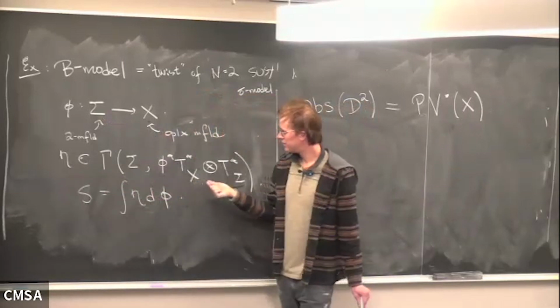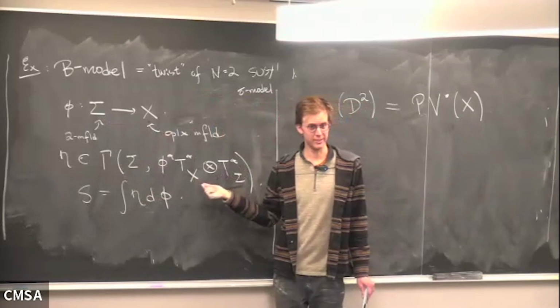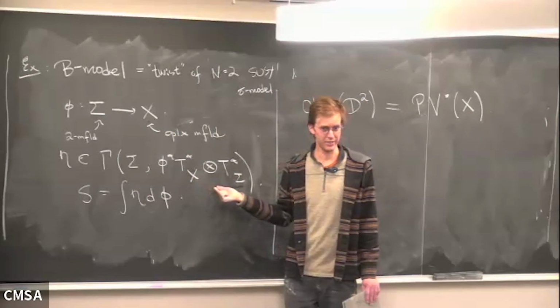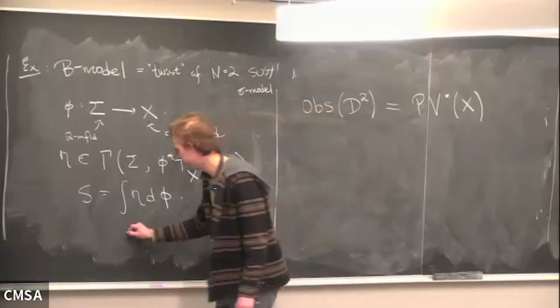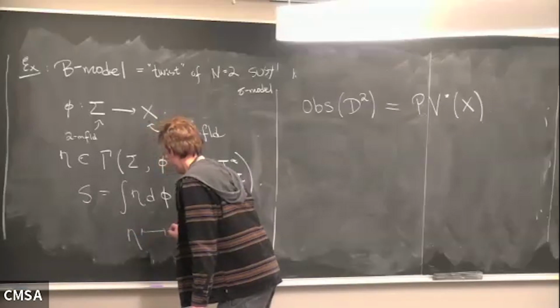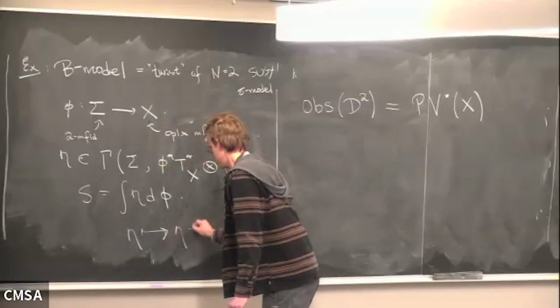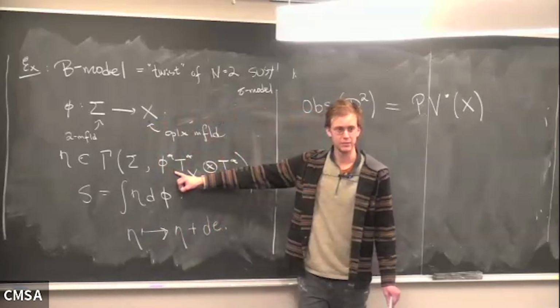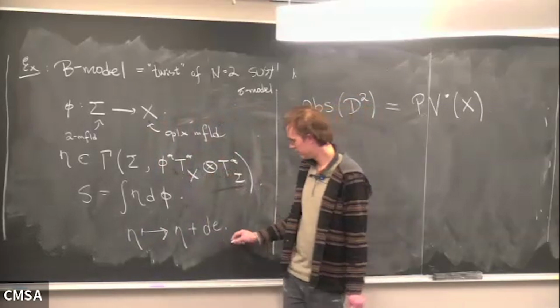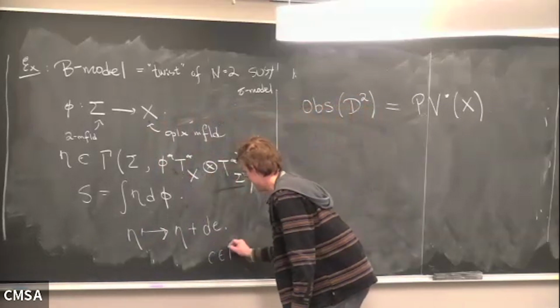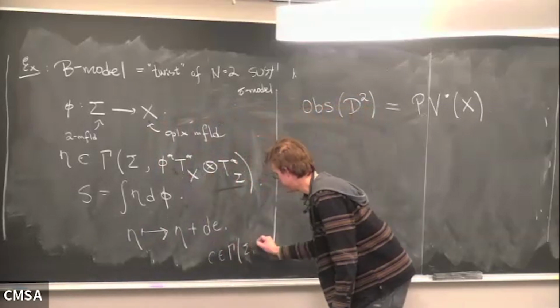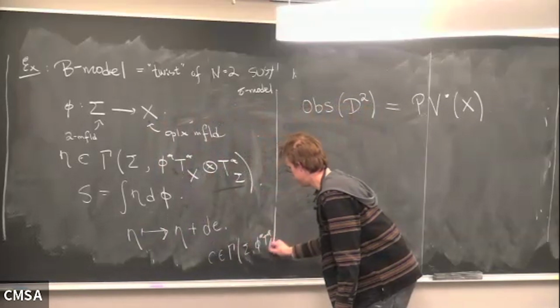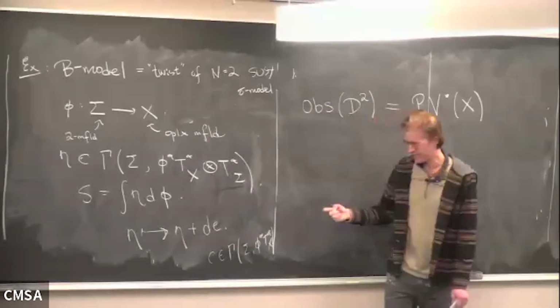Eta, well, it's gauge trivial on a disk because of that gauge symmetry I just told you about that I didn't write down, because I can shift eta by an arbitrary function. Well, it's a section of phi star T star. So C here is a section of phi star T star X. But it's an odd section, right?